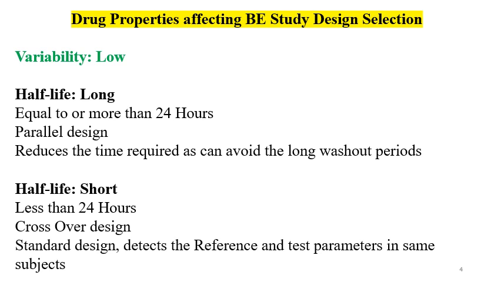So in parallel design, two groups are made. One group is given the test product and another group is given the reference product. Parallel design reduces the time required for the bioequivalence study as it can avoid the long washout periods. So washout period is calculated from the half-life, and generally 5 to 6 half-lives washout period is given.